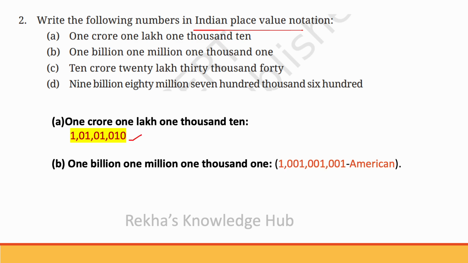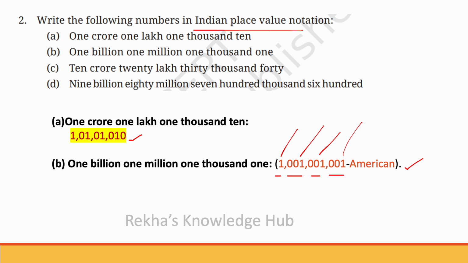Next one, 1 billion, 1 million, 1,001. In the American system, we can write the numeral like this: hundreds, thousands, millions, billion. So this is 1 billion, 1 million, 1,001. We can rearrange the commas so that we get the Indian system.